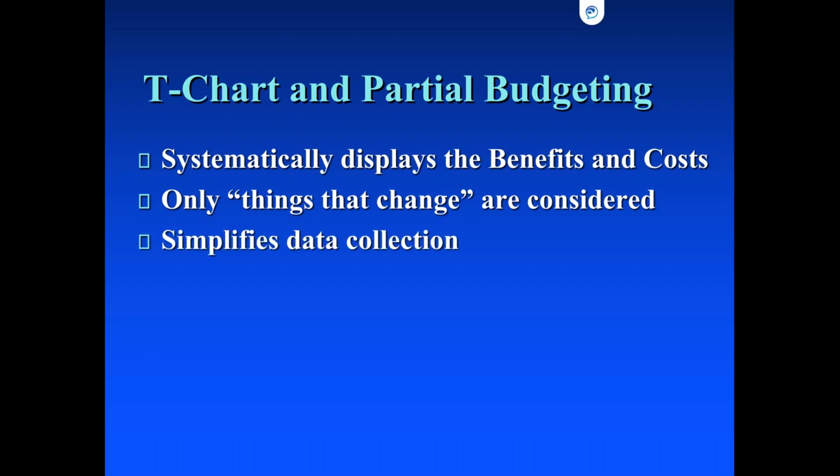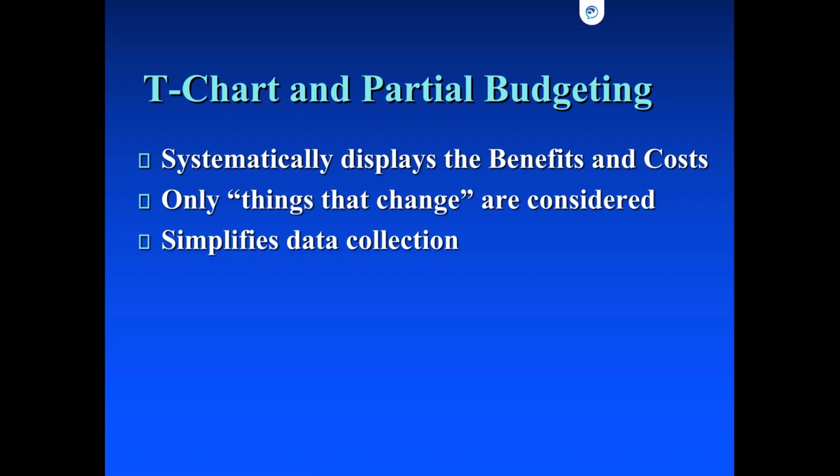By doing this partial budgeting and not having to look at the entire farm, it really simplifies the data collection. For example, you could look at the costs of installing the practice versus the beneficial effects of that practice, and then gather information, rather than gathering information on the whole farm or the entire enterprise, just where the practice is installed.